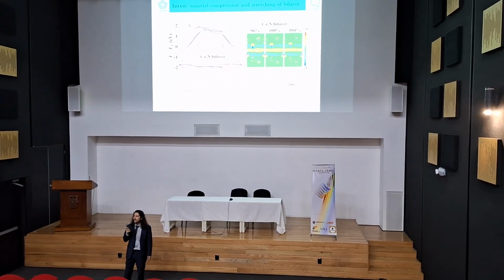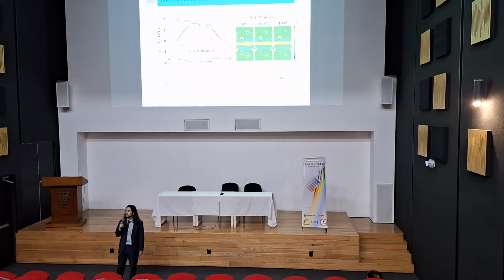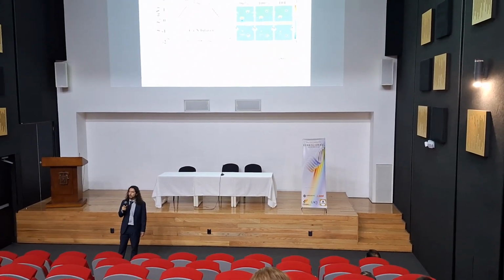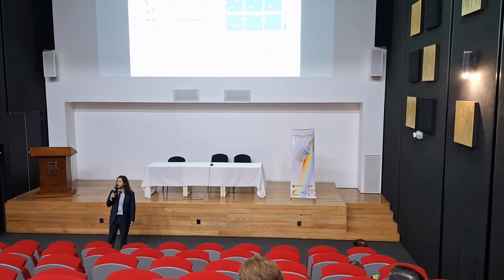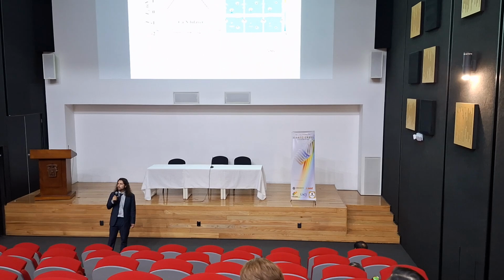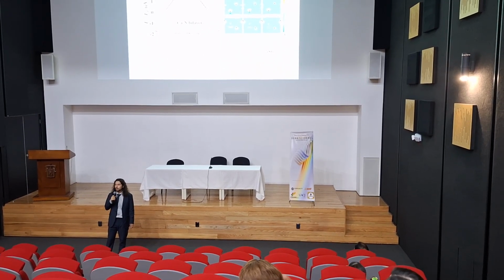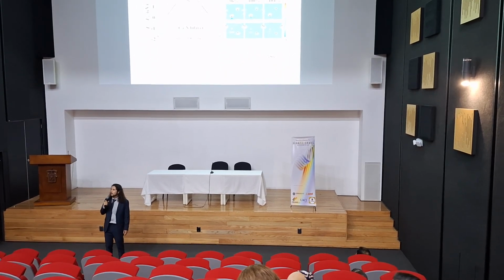In the later study, they submitted a bilayer of calcium nitride to uniaxial compression and stretching. The compression was up to 4%, and they showed that in some regions of the band structure, the variation is minimal.